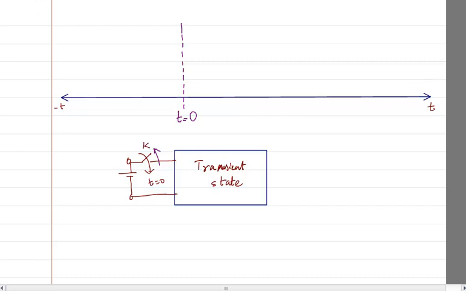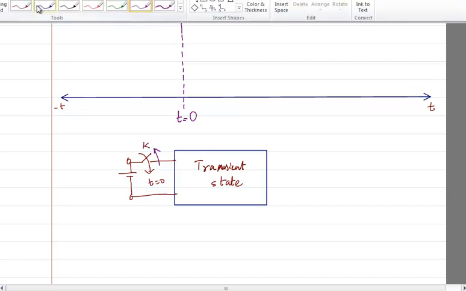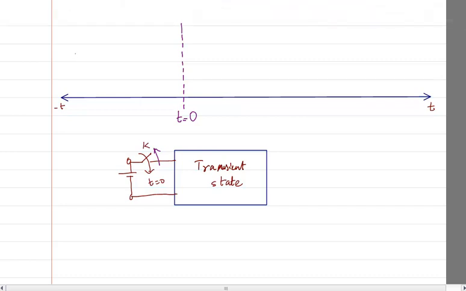So before the switch was switched on, the circuit was in a steady state. After switching, it got to a transient state. And after a considerable amount of time, this again becomes a steady state.